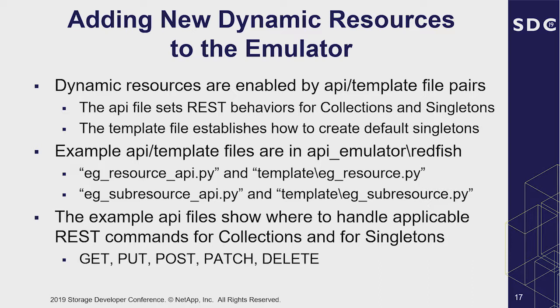Yeah. If you want to create your own dynamic object API and template files, there are examples waiting for you in the directory where all the resources are kept. EG underscore resource underscore API dot PY is probably the one that's most interesting for most things. Some resources are top level and sub level.